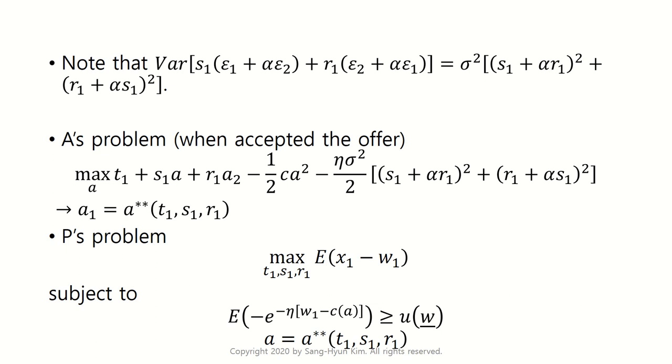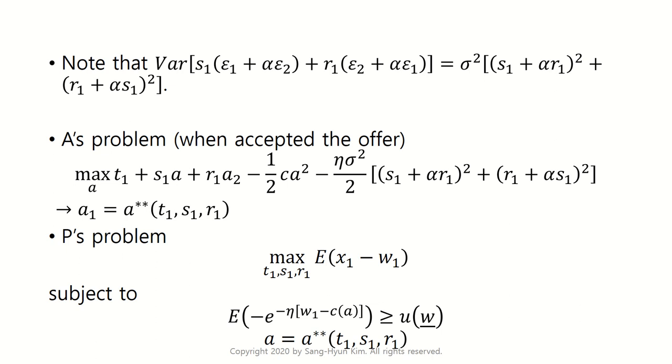If you want to maximize the expected profit from the two agents, then we'll have more choice variables, right? Here the choice variables are T1, S1, R1, but if you consider two agents, then we'll have three more choice variables, T2, S2, R2.